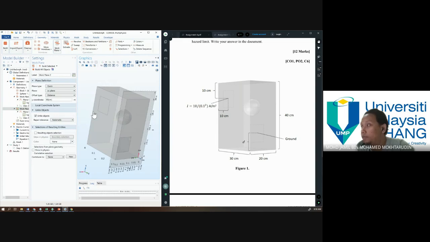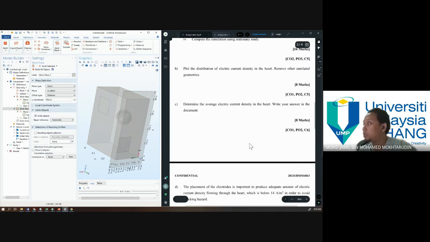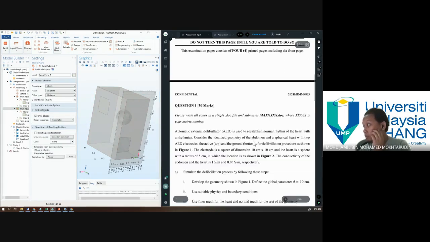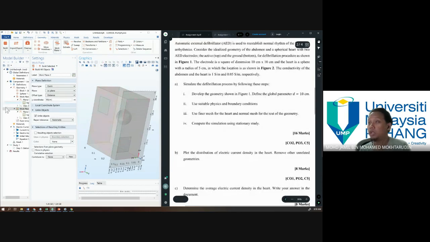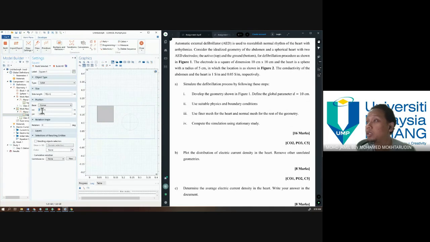Okay, so instead of using 10 cm, you use D instead. Okay, here you use D, you don't use 10 cm.